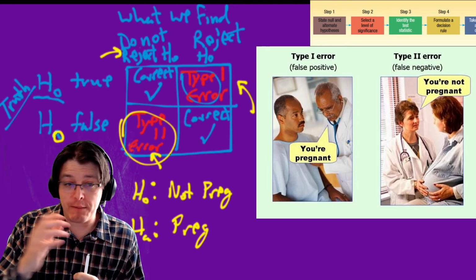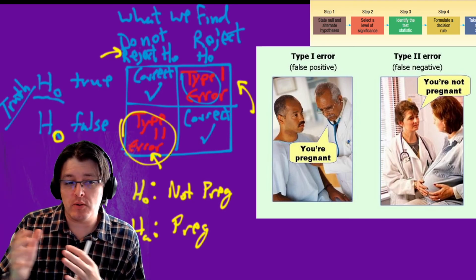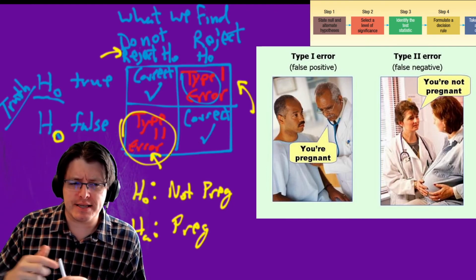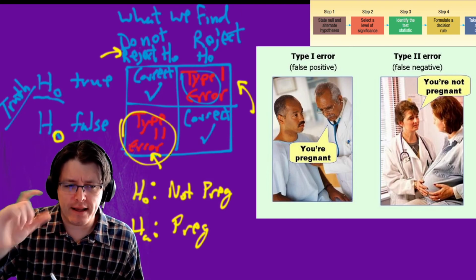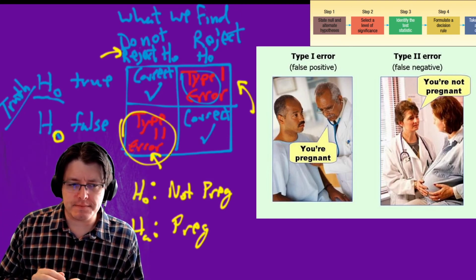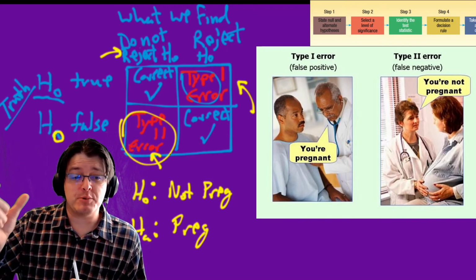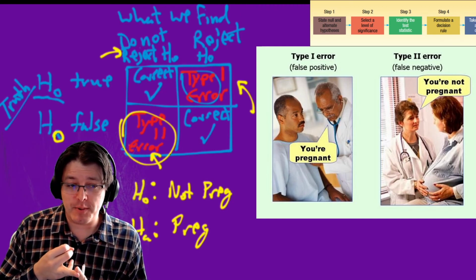So we're going to talk more about this trade-off, and a lot of it revolves around what level of alpha we set. And maybe we'll talk about this on Friday, but think about OJ or criminal cases in general. We trade off type 1 and type 2 errors in terms of, do we send innocent people to prison or do we let guilty people walk free?